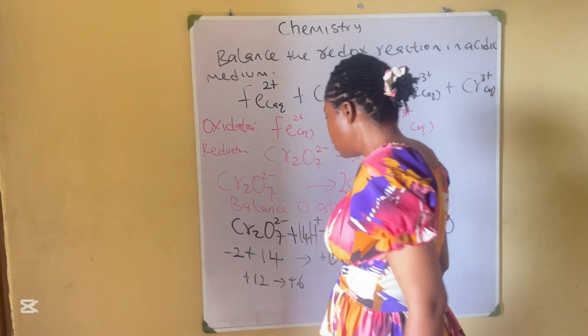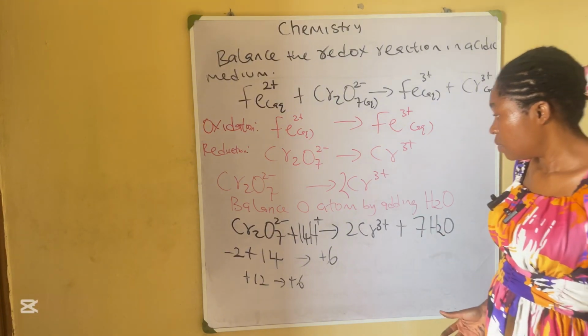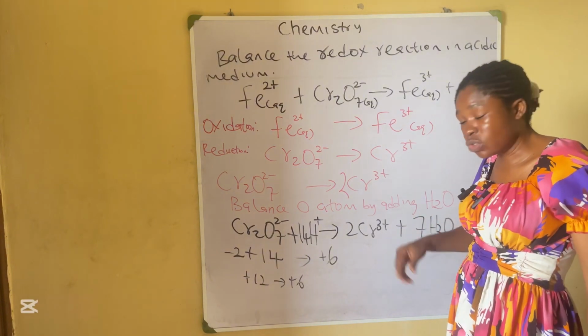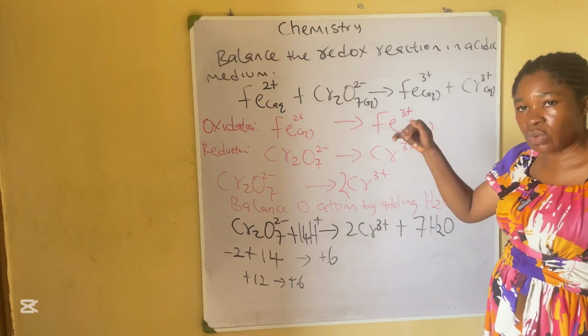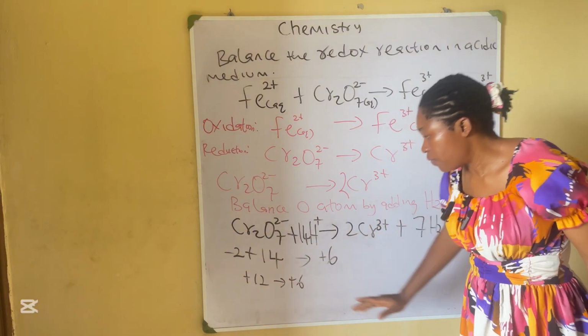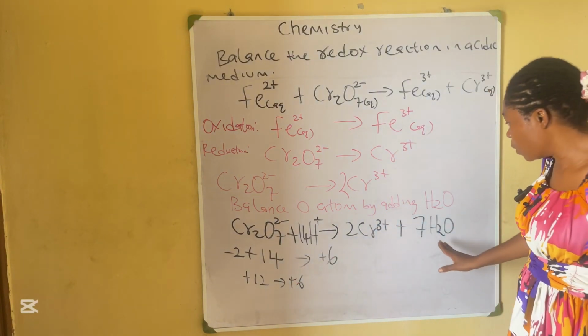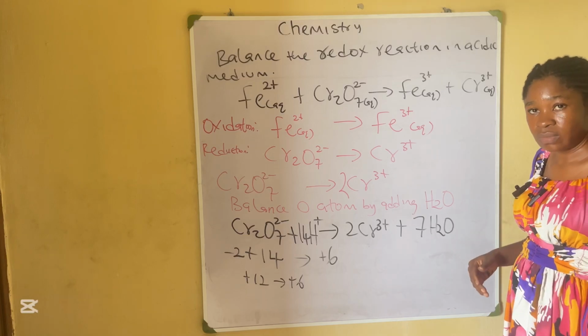So we normally use electrons to balance the charge. Remember, electron is negative. I have plus 12 and I have plus 6 here. Which side do I add the electron?